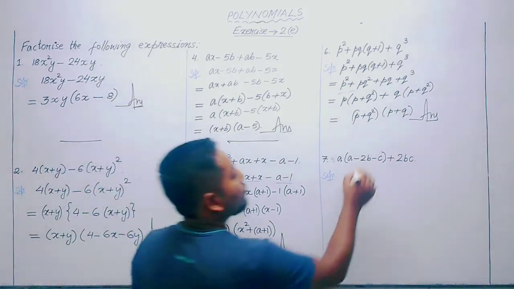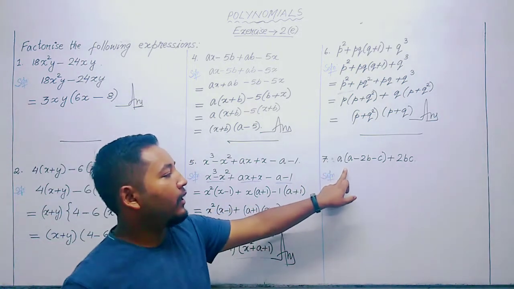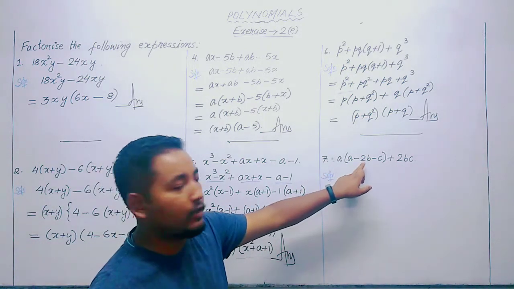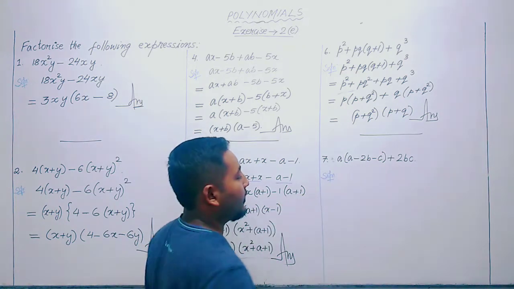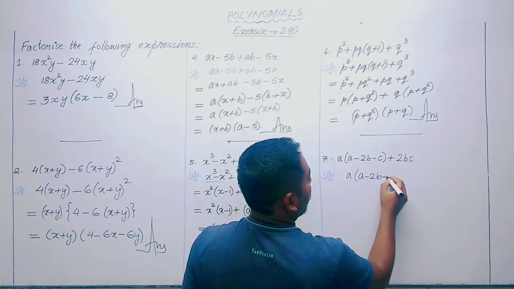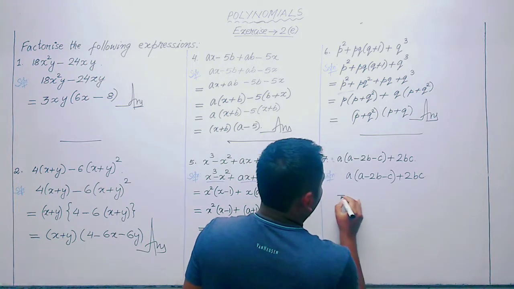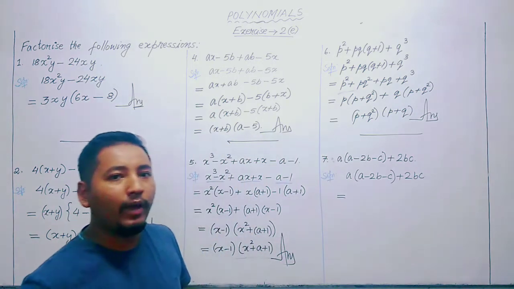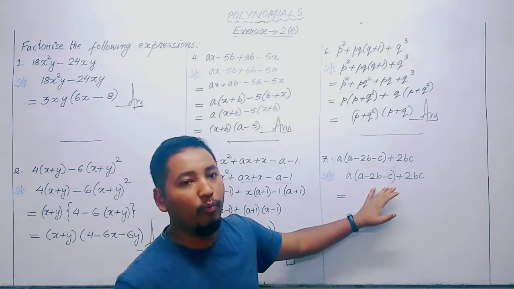Now let us move on to question number 7. It says a into a minus twice b minus c plus twice bc. Let us solve this one. Now again, if you look at this expression, you cannot find any common now.